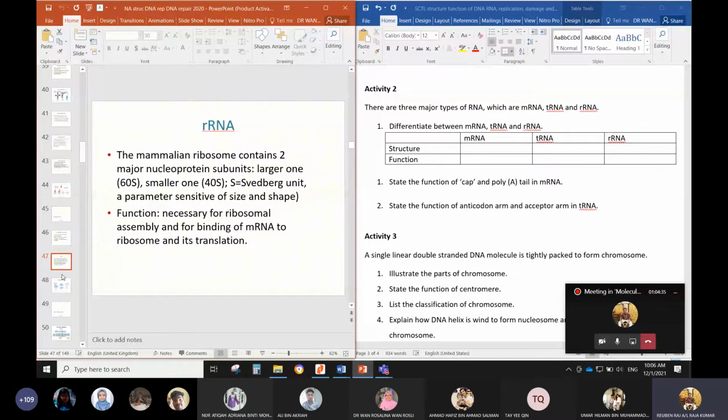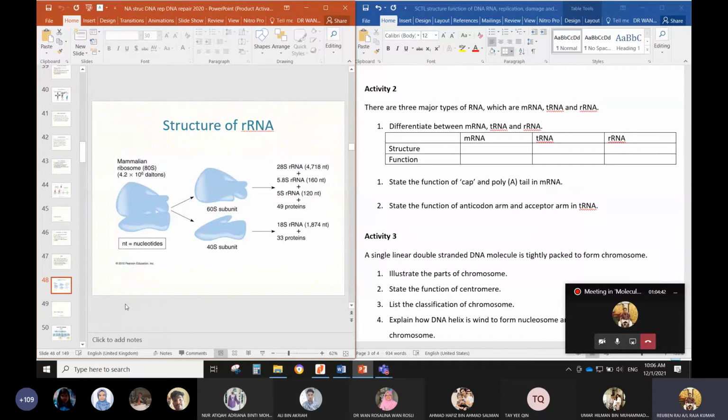And for the structure, I don't really get the answer, but it forms a three-dimensional structure and is spherical in shape. Okay, thank you, Ruben.